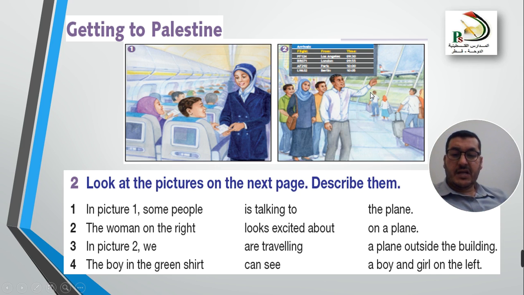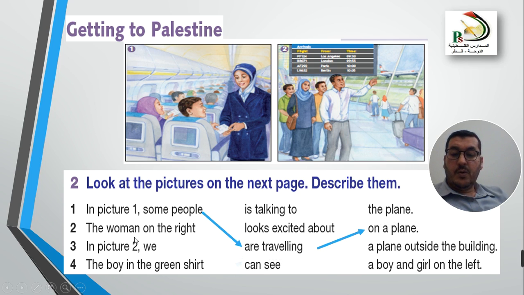Now look at the pictures and match the sentence with the picture. Number 1. In picture number 1, some people what? Is talking to, looks excited about, are traveling or can see. Yeah, are traveling on a plane.